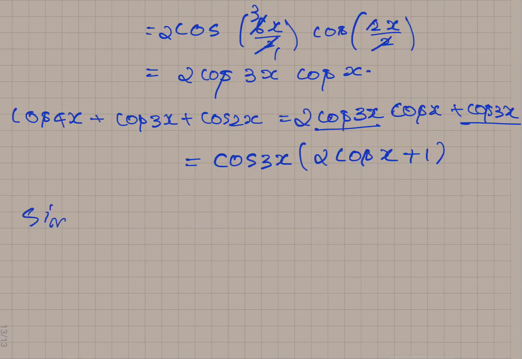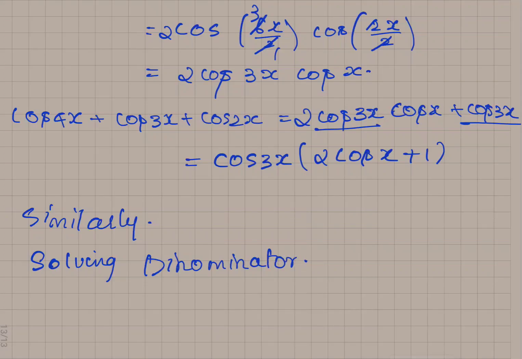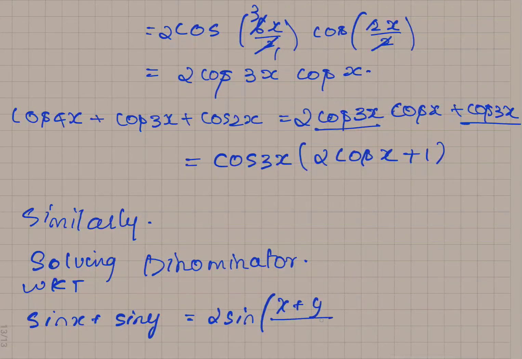Now similarly, let's solve denominator now. Solving denominator, we know that the identity for sin x plus sin y is equals to 2 sin (x plus y) upon 2 into cos (x minus y) upon 2.